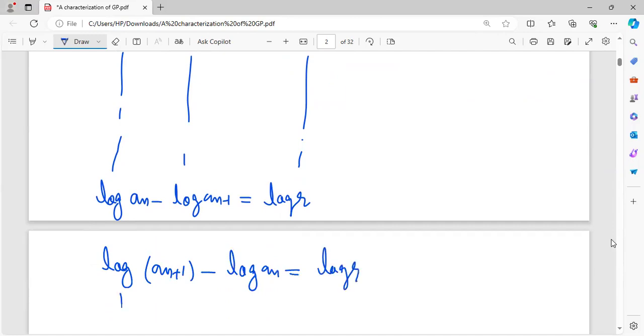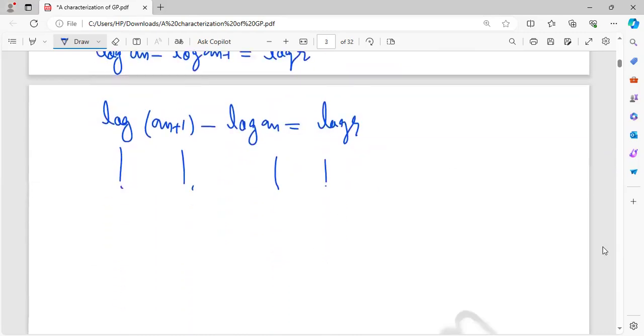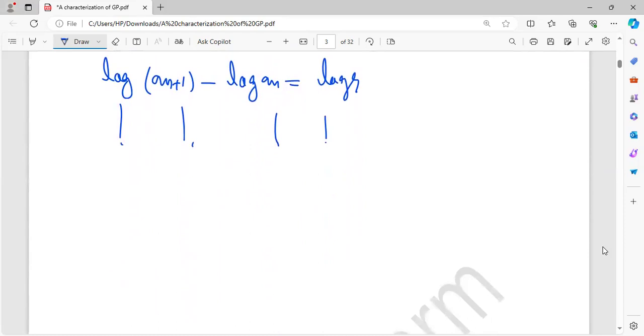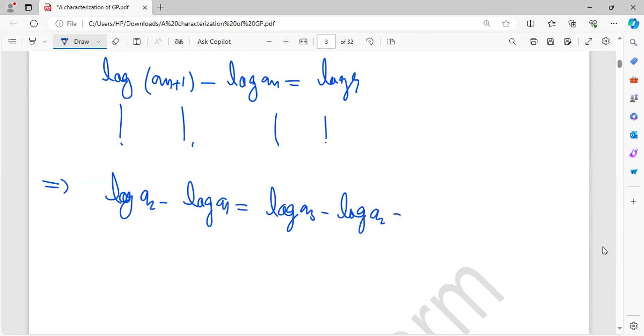So in this way, the common difference is coming log r. This implies log a2 minus log a1 is equal to log a3 minus log a2, is equal to log an minus log an minus 1, and so on.